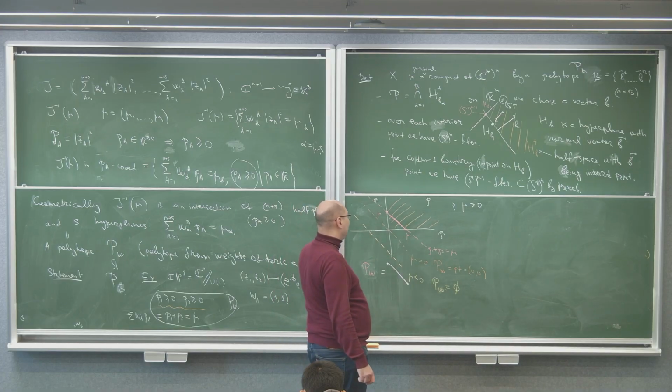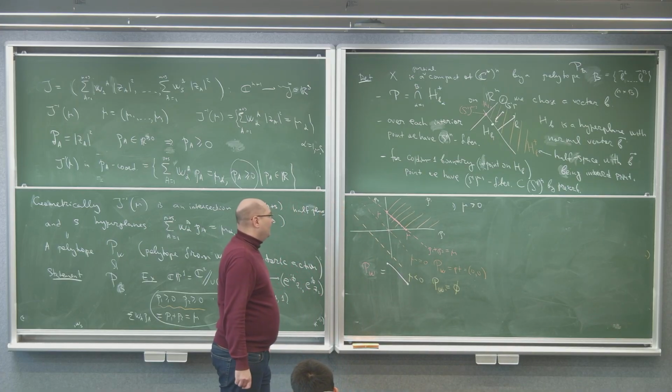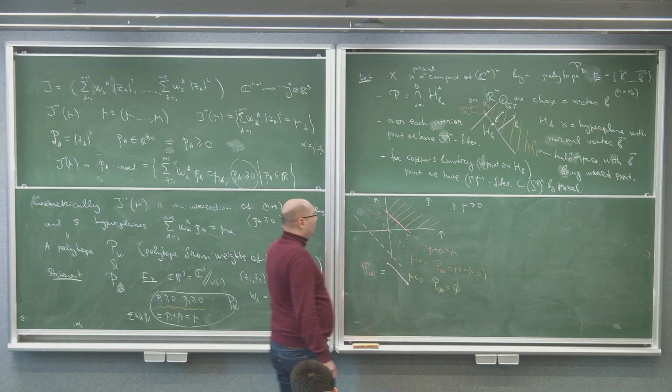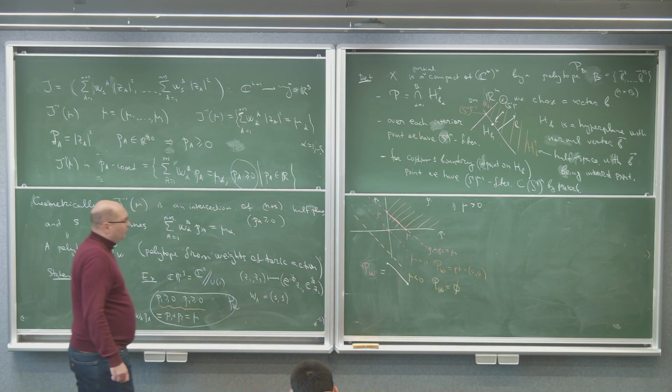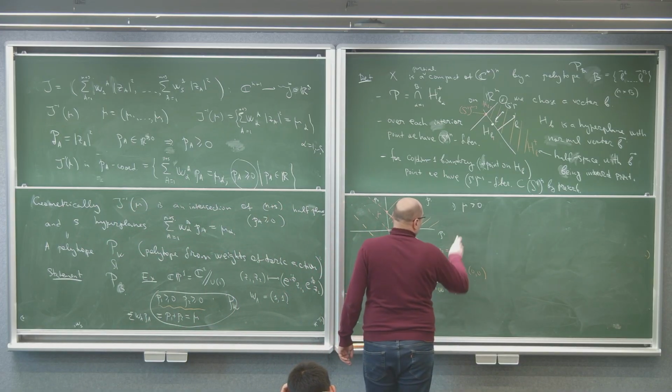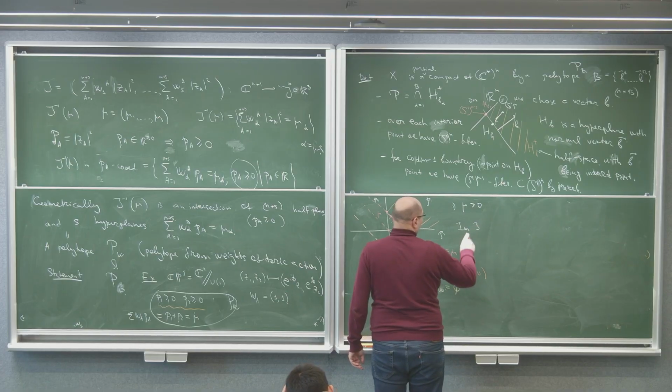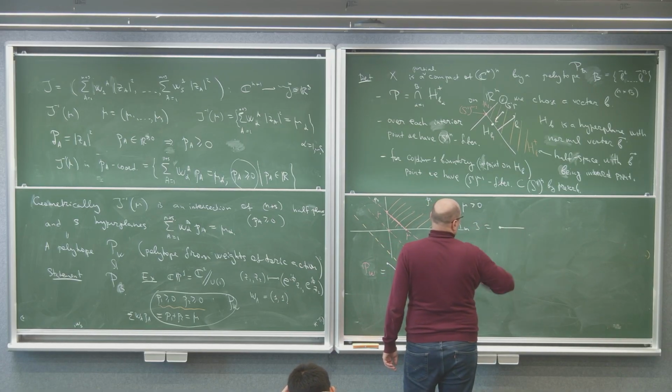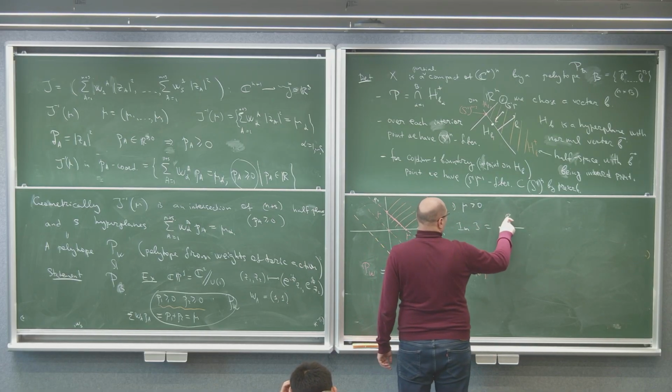So mu better be non-negative. And then mu equals 0 is a special point in these values of the moment map. So the image of the moment map is essentially the semi-interval R plus.